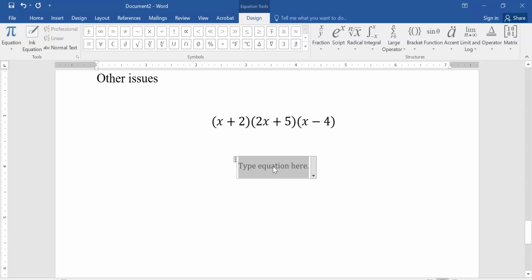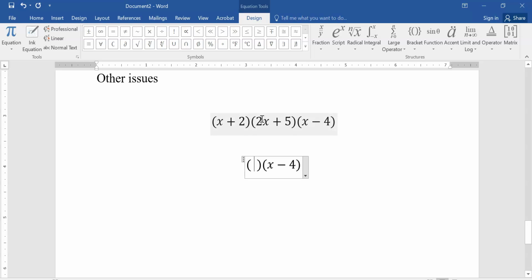So that's what's going on. So here's what's going to happen. We're going to focus on the x plus 2 times the 2x plus 5. Whatever that result is going to be put into this first set of parentheses. And then whatever that result is going to be multiplied times the x minus 4. So let's do this.